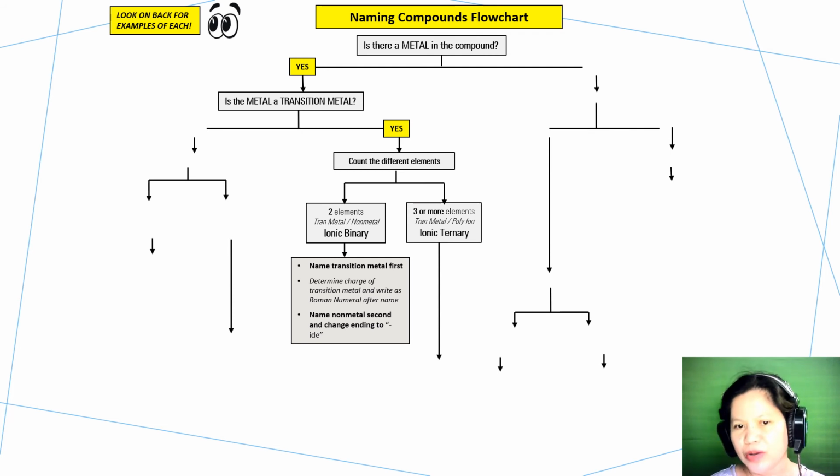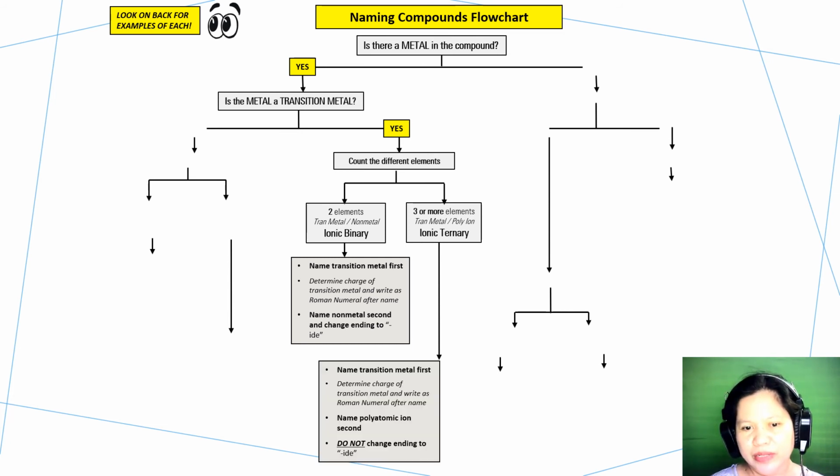Are there 3 or more elements, transition metal and polyatomic ions? So, pag meron kang polyions, yung mga ions na nandyan sa lower ng inyong periodic table, ang tawag sa kanya ay ionic ternary. So, pag ionic ternary siya, name the transition metal first.